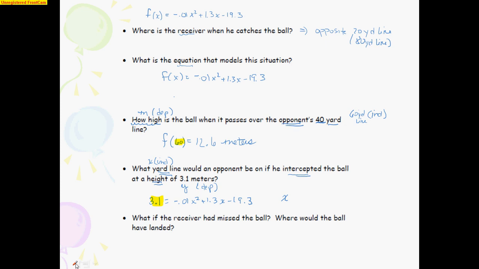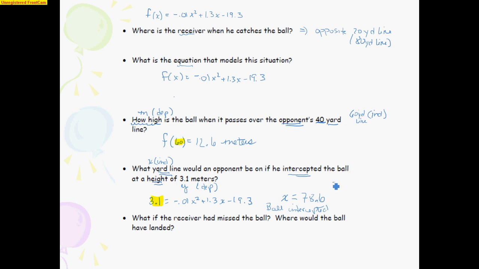Please don't write 78.6 in your final answer. Tell me the algebra answer is 78.6, but say, so the ball would be intercepted where?